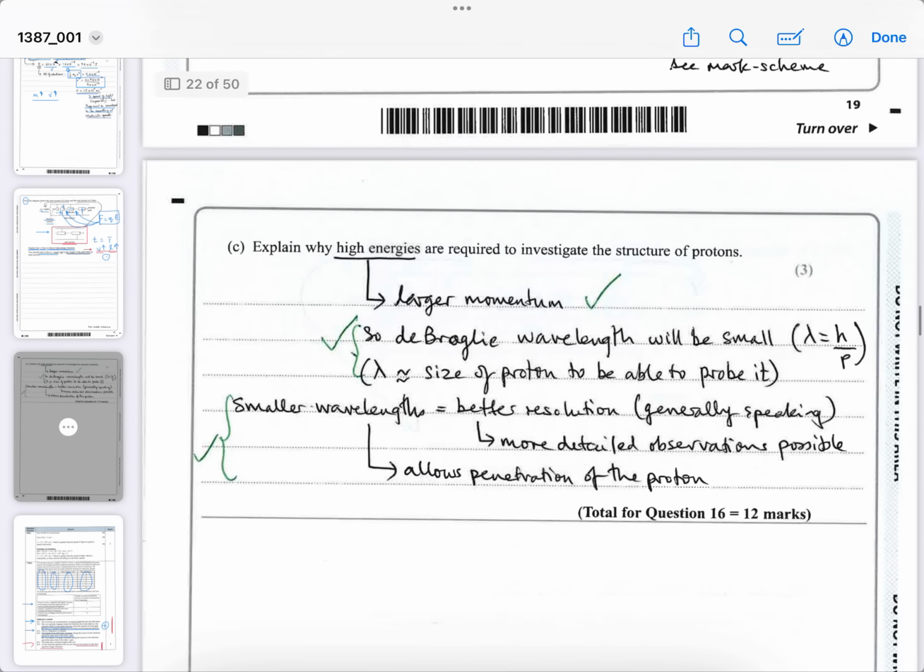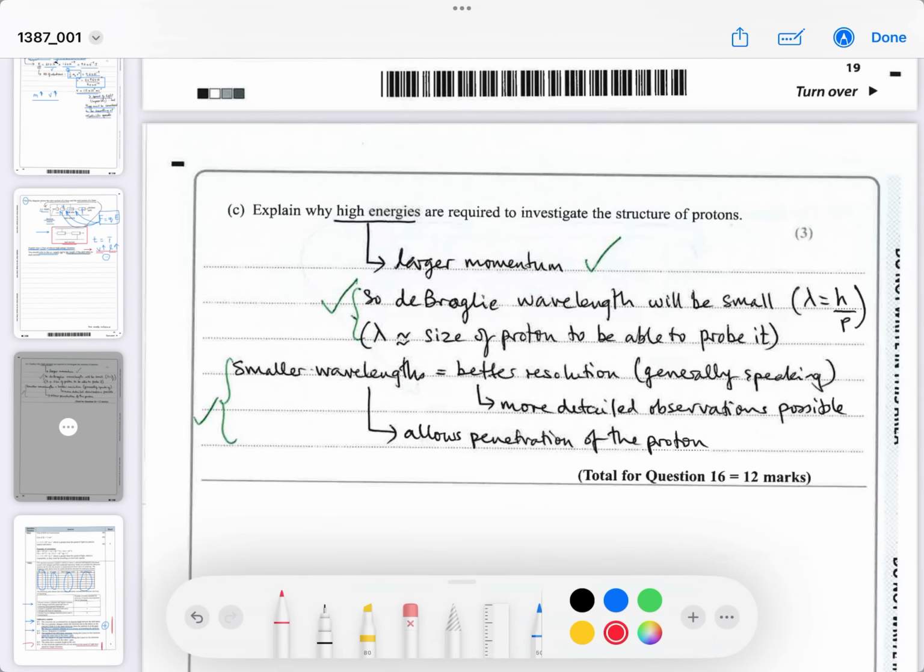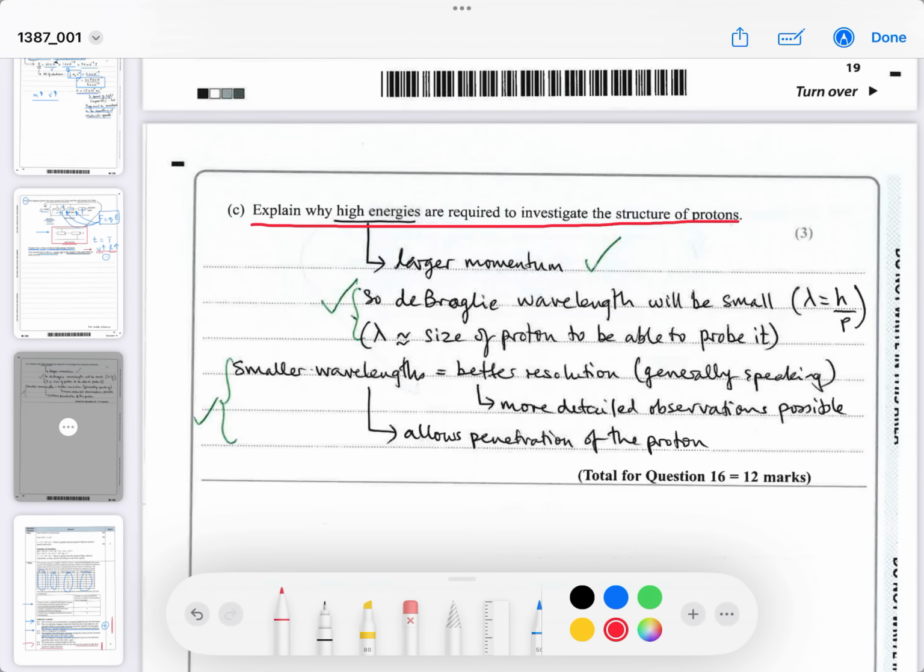Finally, the last part of the question says, explain why high energies are required to investigate the structure of protons. So this is really useful for people also doing Edexcel A-levels, because it's to do with the de Broglie wavelength. Now the de Broglie wavelength has an equation on your formula sheet which shows that the wavelength of electrons is equal to Planck's constant over its momentum.